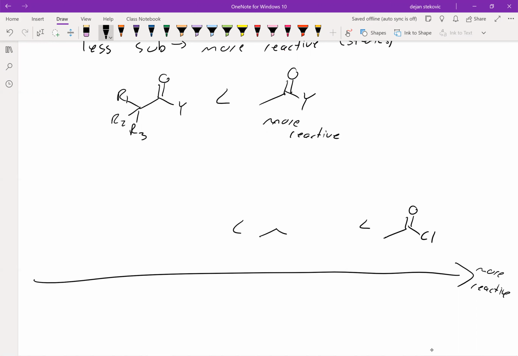After that, we have acid anhydrides. Then after that, we have carboxylic acids and esters. And then finally, we have amides as the least reactive, right? So as we go towards the right of this chart, we get more reactive.